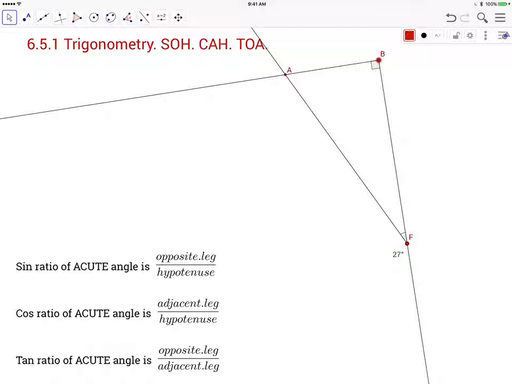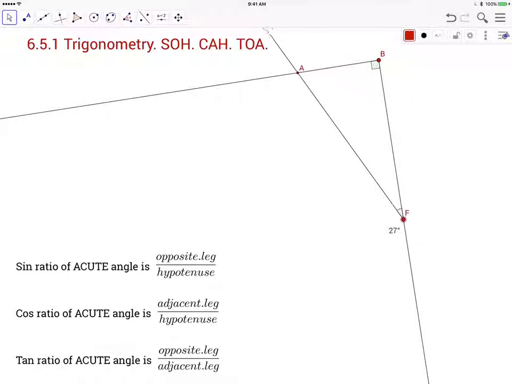In this section, we're going to talk about how the legs and the hypotenuse relate to each other. And we do that with three ratios. Now, if you think about what's going on here, look what happens when I move this one. If you think about the legs for a moment, and we look at AB and BF, the relationship between AB and BF remains constant even though the lengths change.